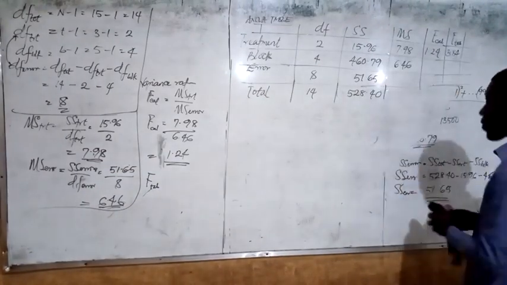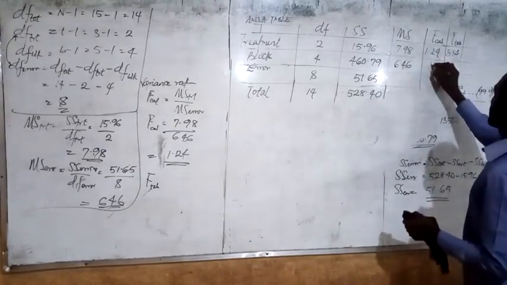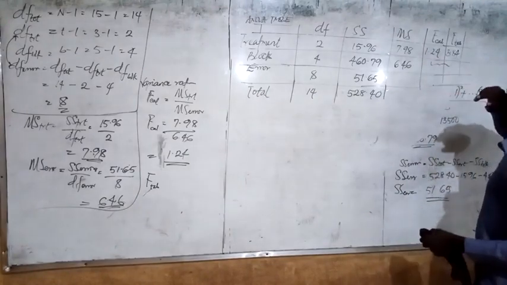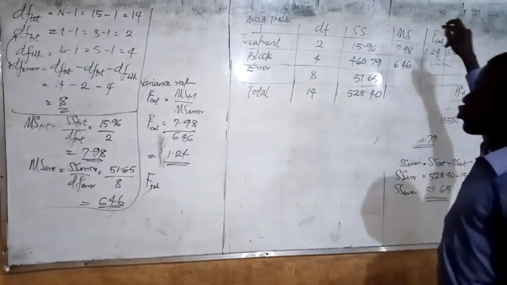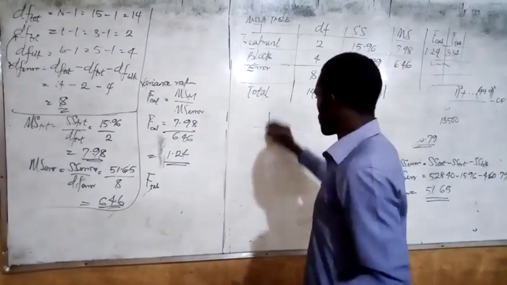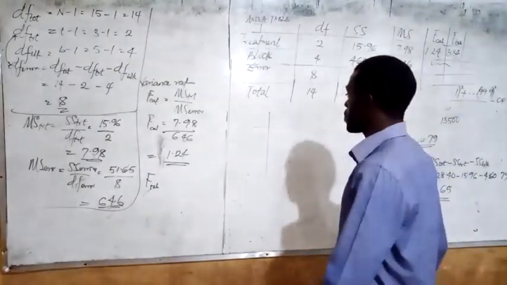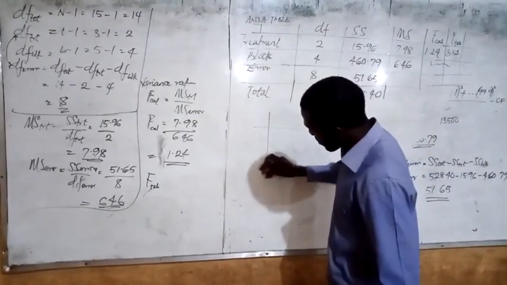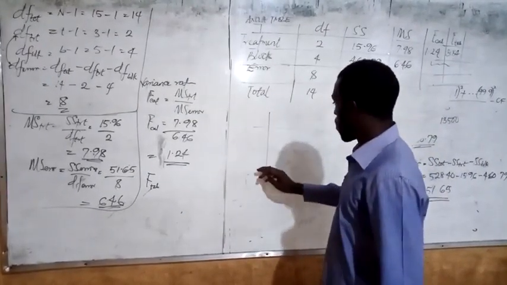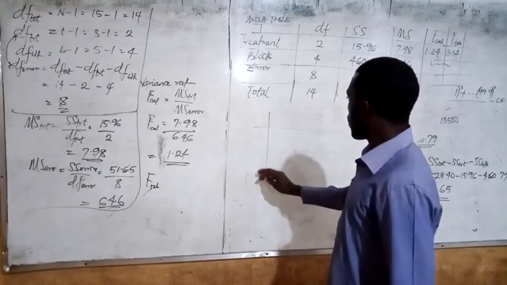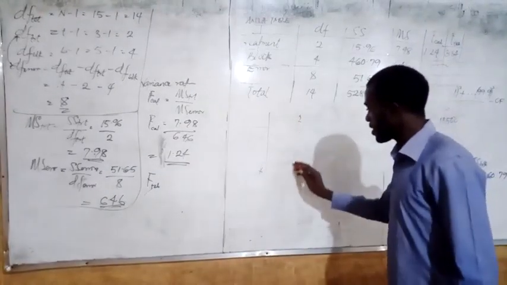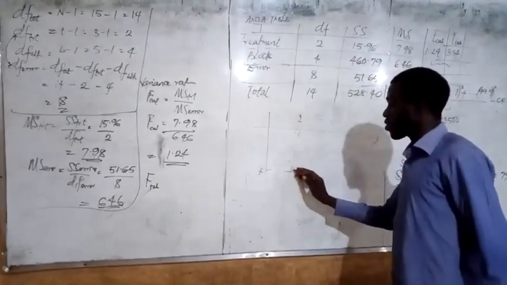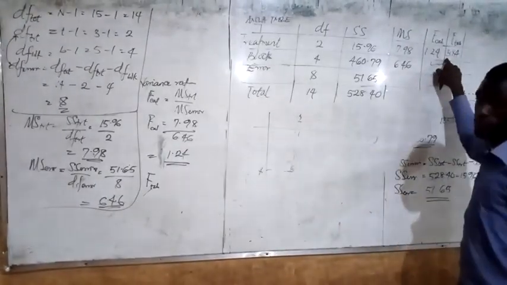Now this is the most important part of this table, the F calculated and the F tabulated. How do we get the F tabulated? You look at your F distribution table. I am checking the error of 8 under treatment 2. Where they meet here is 3.84.